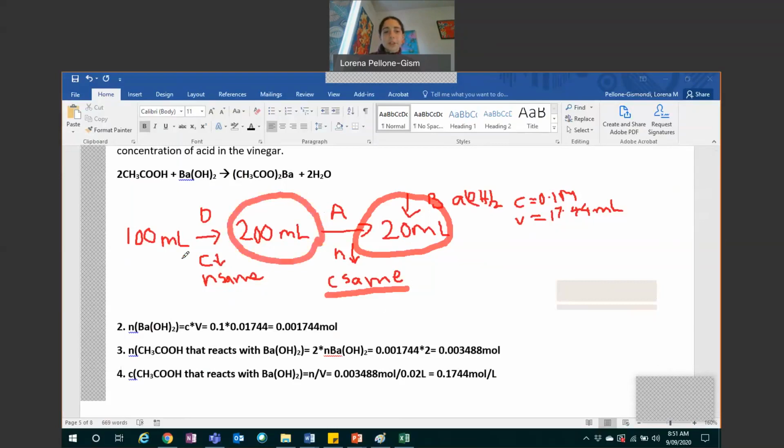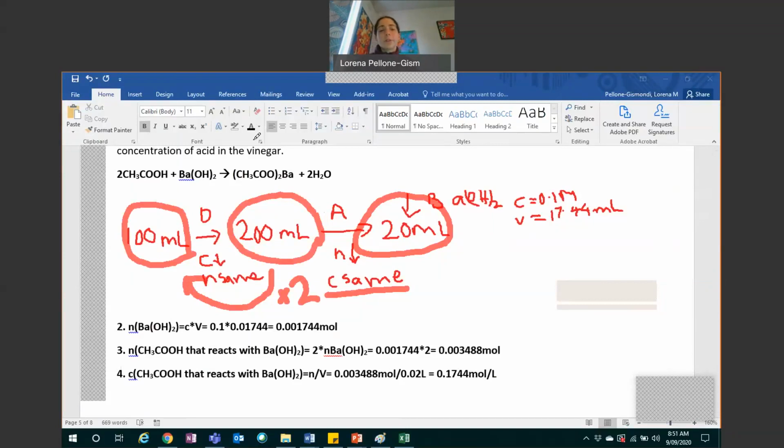But what's the concentration in the 100 mil? Well, it drops from the 100 mil to the 200 mil. So it'll be more. And how many times more? Times 2.